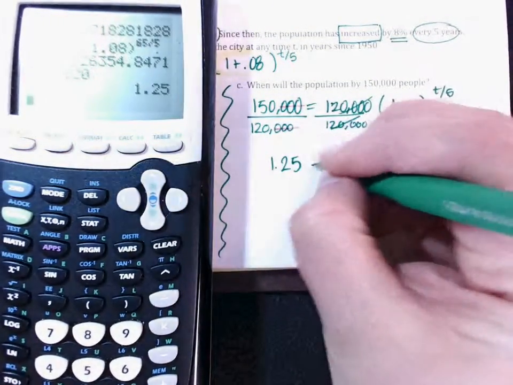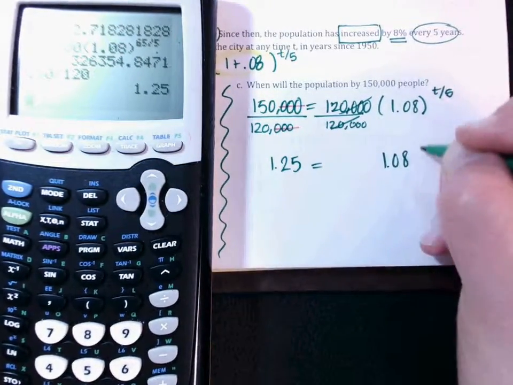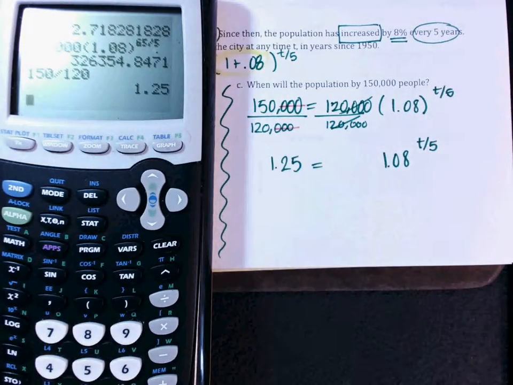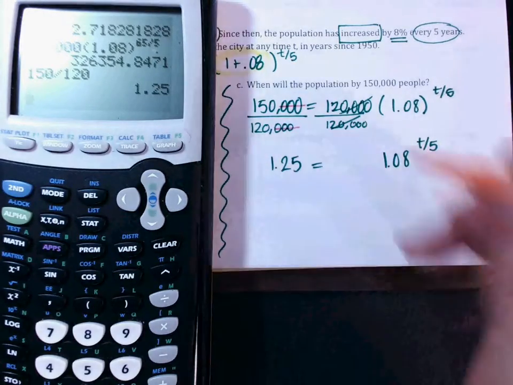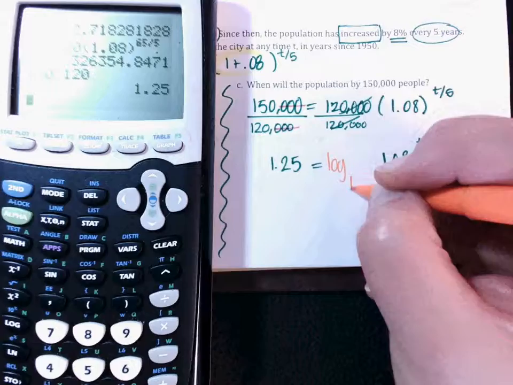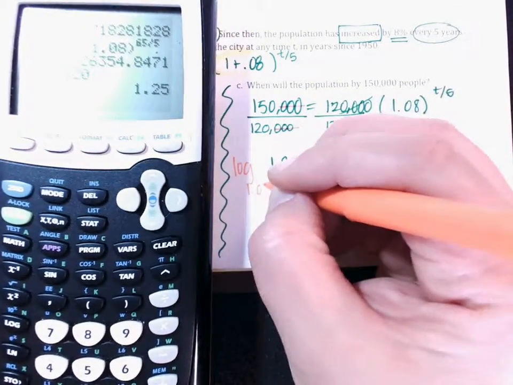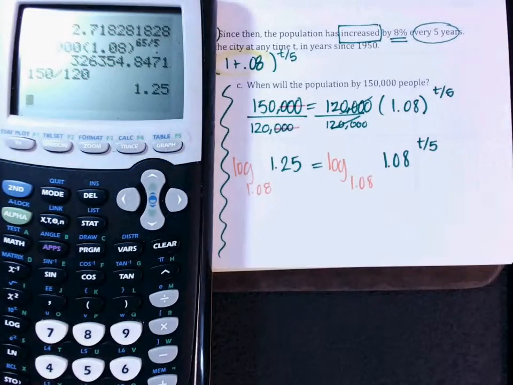What do we do next to get rid of the 1.08? Log it. And remember that you have to log with the same base that you're trying to cancel out. So if I want to get rid of a 1.08, I need to use that base. And so then my log base 1.08 and my 1.08 are going to cancel out.